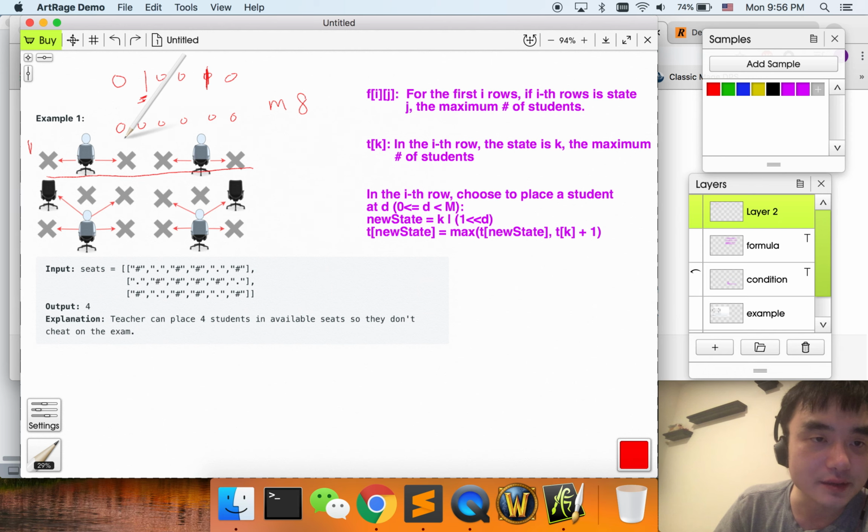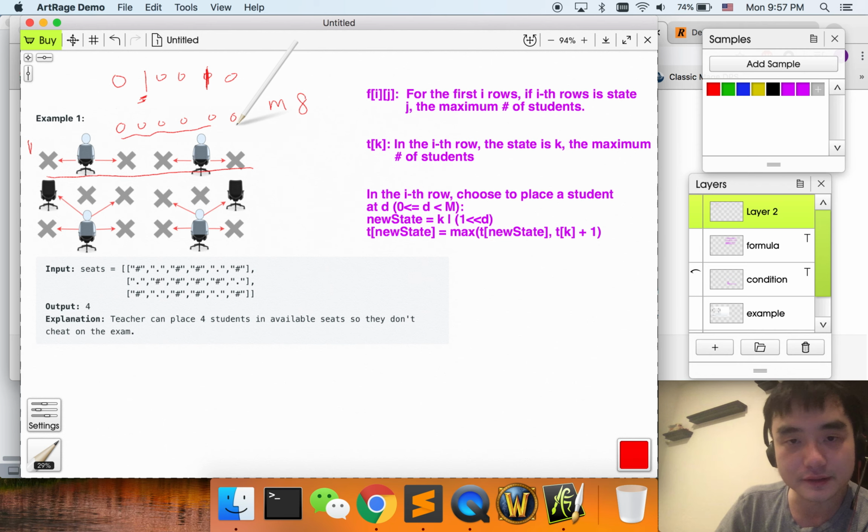And in that way, we can deduce all the other states from the initial state, right?